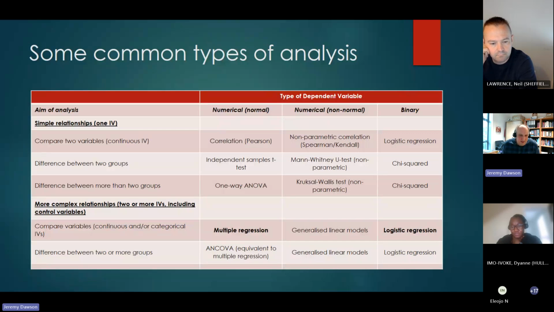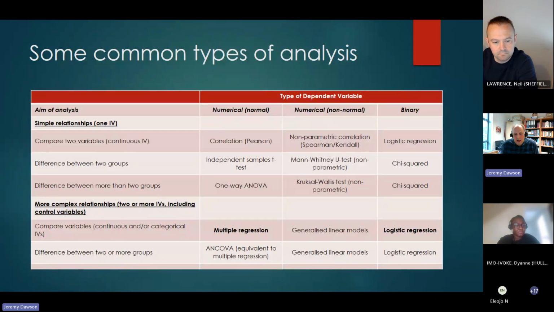So most of the time we would have a dependent variable that we're trying to explain, and that variable, according to this table, would either be numerical and follow a normal distribution, or numerical and not follow a normal distribution, or it could be binary. So if we've got a numerical and approximately normally distributed outcome, then multiple regression is likely to be a good way of doing that.